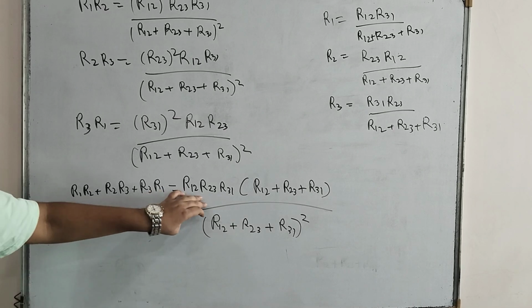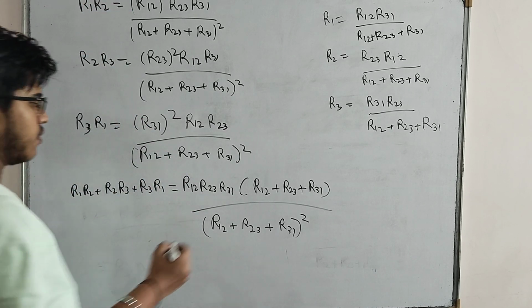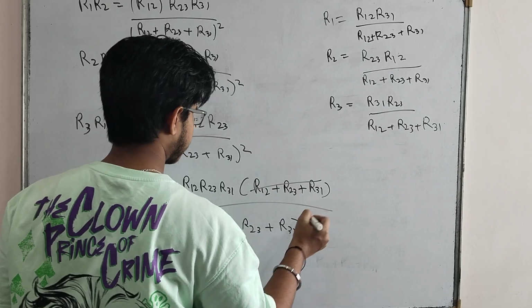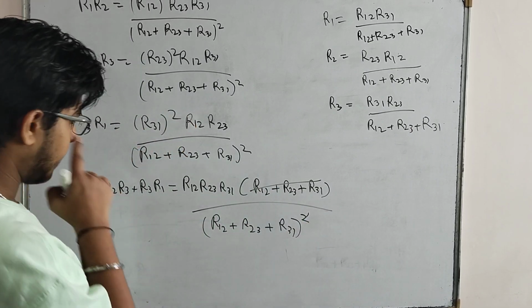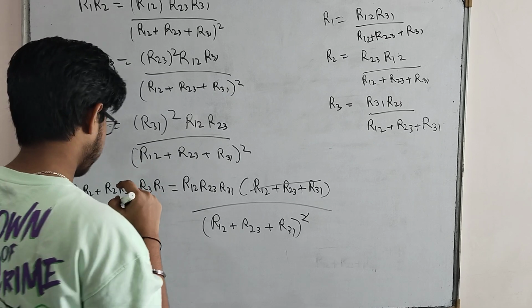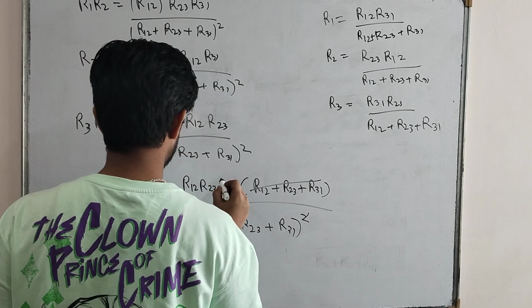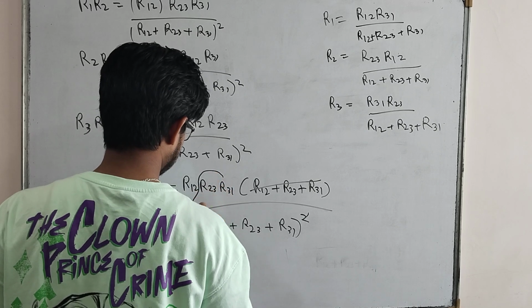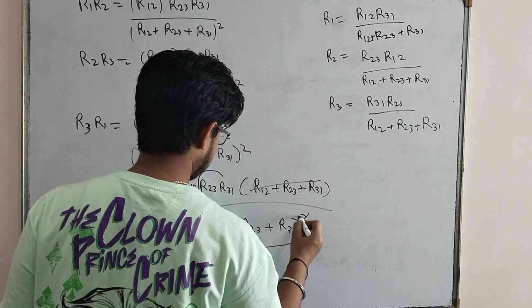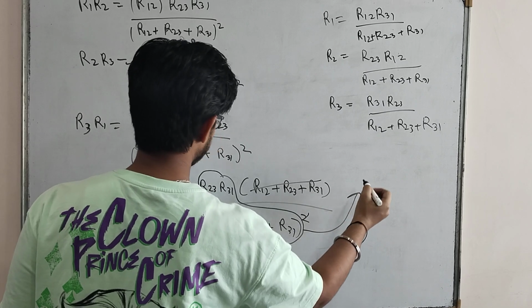We can take these three terms common from each one, and now this and this will get cancelled out, and next we will also get one more thing. So consider only this thing.